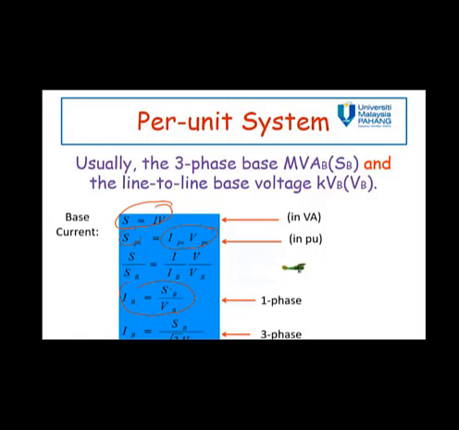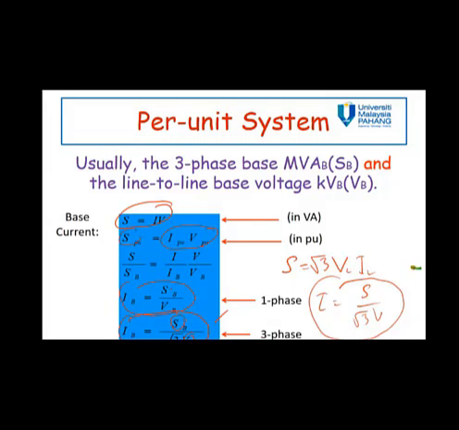For the three phase, we will get this value. I think you already know how to calculate I if S and V are given, because we know that for three phase S is equal to square root 3 V line I line. So to find I, it equals S over square root 3 V. This is the basic equation for apparent power.